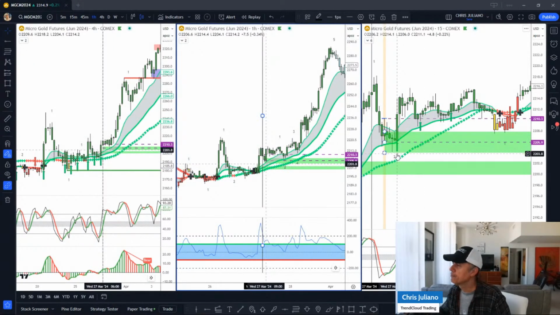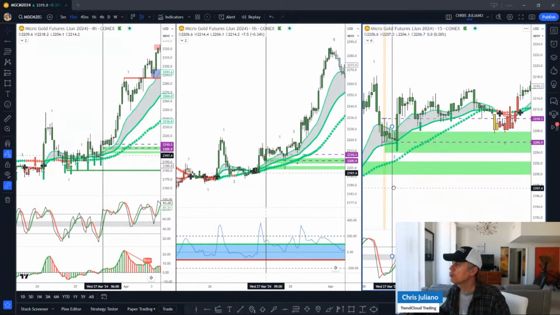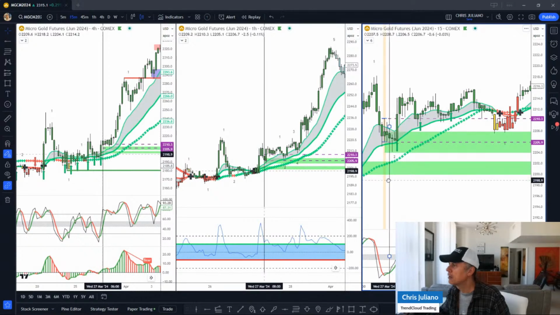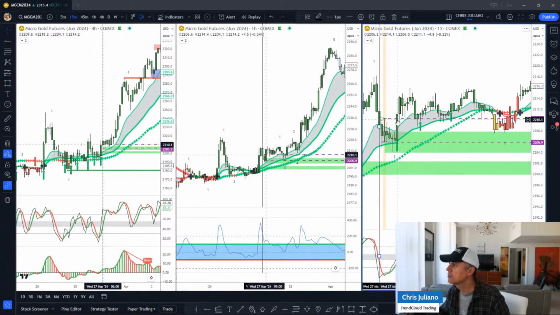Right here. Here's the opening range. Trend cloud signal, right? You could take the trade on that trend cloud signal. Here's the retest of that trend cloud signal. And then it pulls back and even hits this demand zone right there.